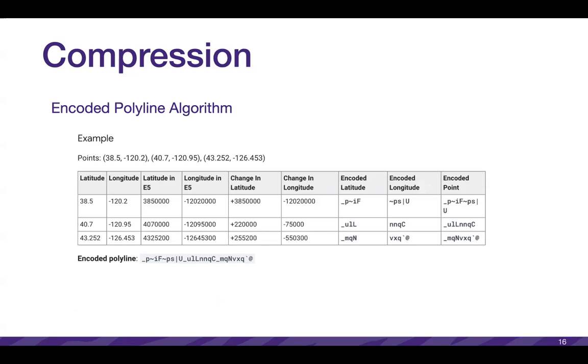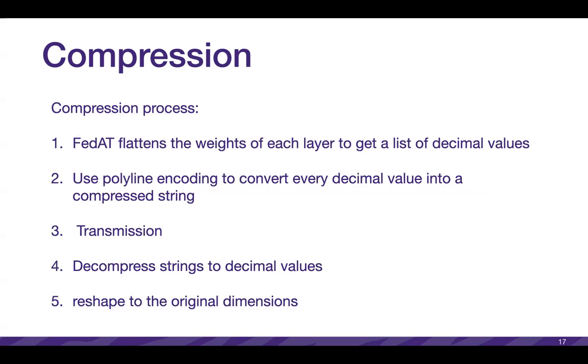And in FedAT, the authors used this encoded polyline algorithm. The compression process can be divided into some steps. First, FedAT flattens the weights of each layer to get a list of decimal values.